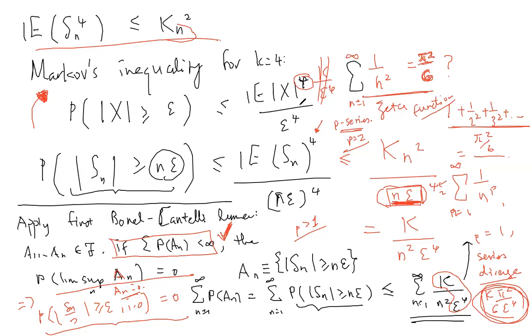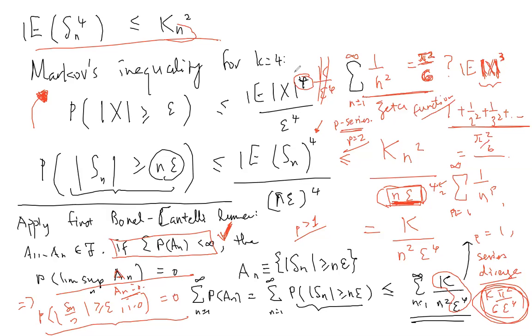You settle at 4 because if it is 3, you are not sure. The expectation of the third power is actually not easy to do because of the absolute sign here. You can't work with x, you have to work with the absolute value of x.